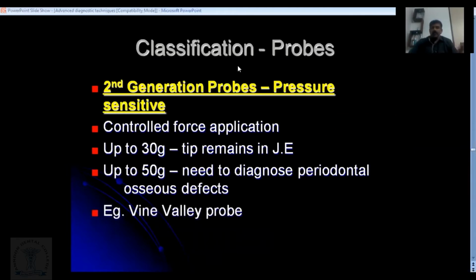Examples of the second generation, or pressure sensitive probes, are the Vine Valley probe and the Vivacare TPS probe. TPS means true pressure sensitive. So these are the different second generation periodontal probes. The basic difference from the first generation is that here the pressure that is applied is controlled.